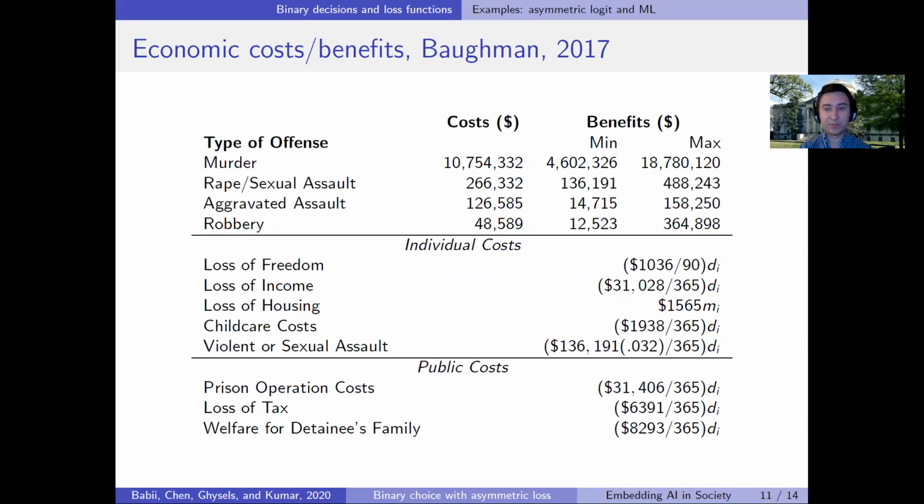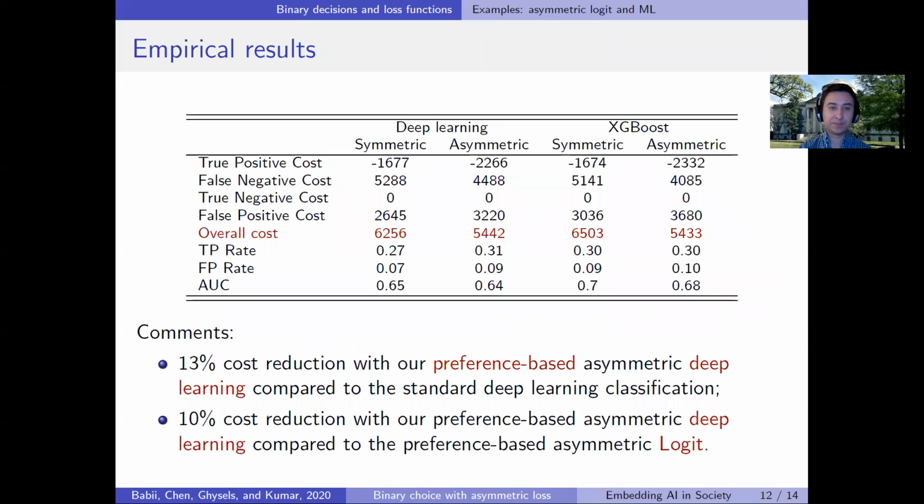We also have some benefits of detention estimates, and we have individual costs. So, for example, there is a loss of income over $30,000 per year for the individual that spends some time in jail. And we have some public costs. For example, we have to pay over $30,000 to keep an individual in jail over 1 year.